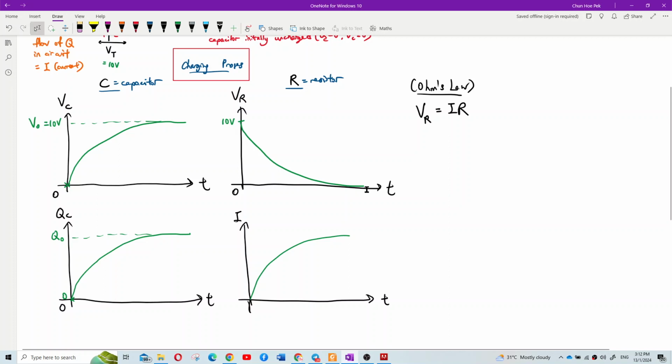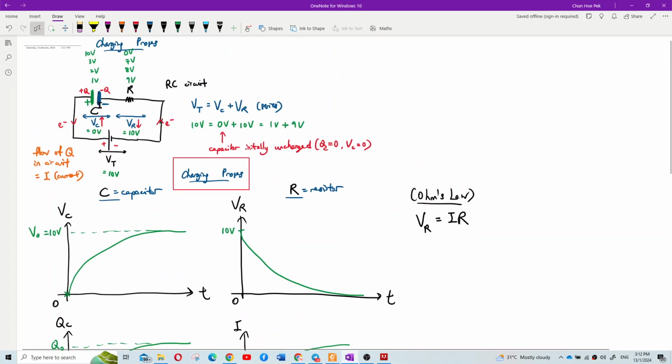Semakin kurang kan? Sebab capacitor ambil semua voltage itu, 10 volt kan? Until it fully charged, it becomes 10 volt. But resistor becomes only 0 volt. Sebab V total equal to VC plus VR.